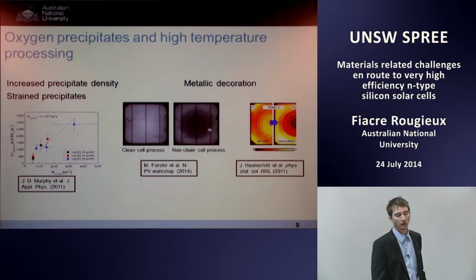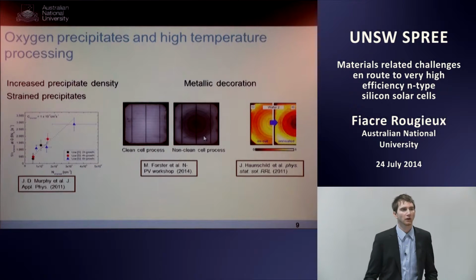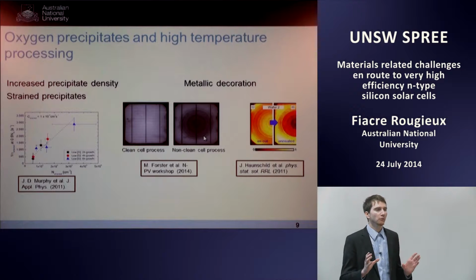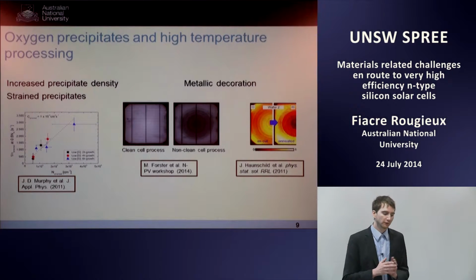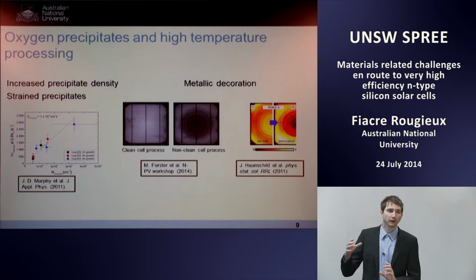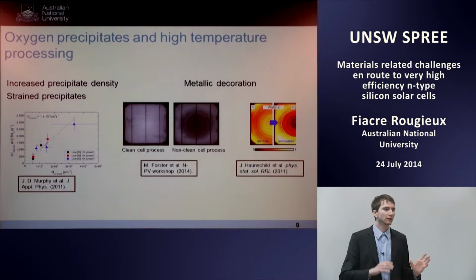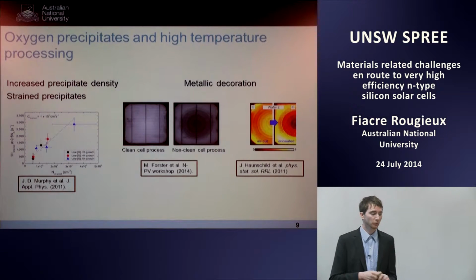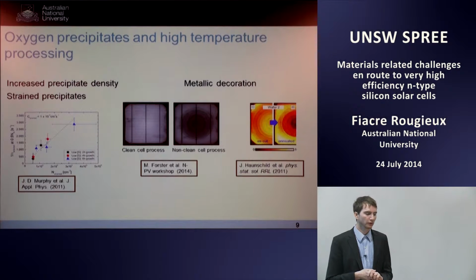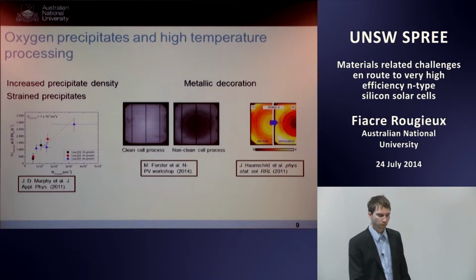But on the right, you have those typical oxygen precipitate rings, and on the left you don't have these kinds of rings. So we have the same wafer, but because one has metallic contamination, we activate those oxygen precipitates. So it seems that metallics are enabling the recombination activity, which is very important to tailor the cell process.